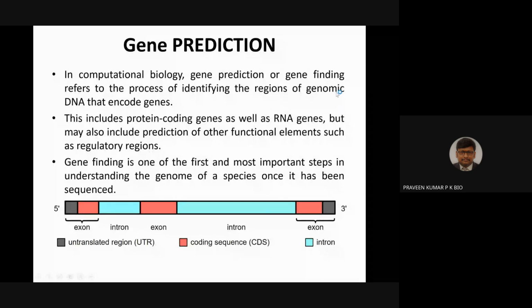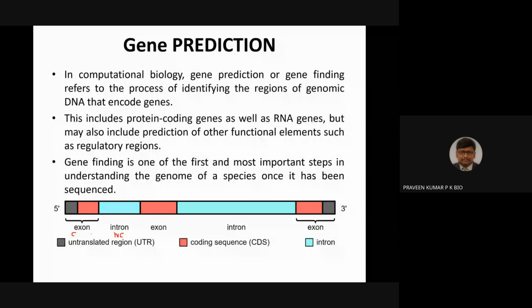First, they mention that in computational biology, we generally predict the genes only from the genomic DNA. In genomic DNA, you have majorly two regions. One is exon; the exons we also call coding regions, and introns are non-coding regions.